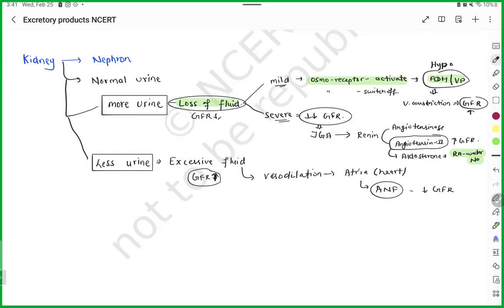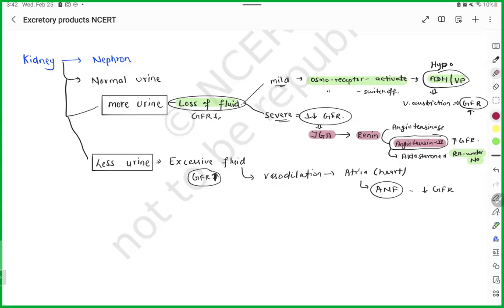But if there is an extremely serious condition and body want to cope up, so body will send signal to the special system present in the kidney, JG apparatus, juxtaglomerular apparatus. This juxtaglomerular apparatus produce a famous molecule known as renin. This renin ultimately help to produce angiotensin 2.